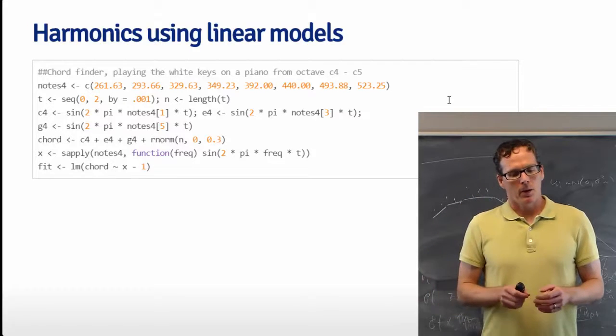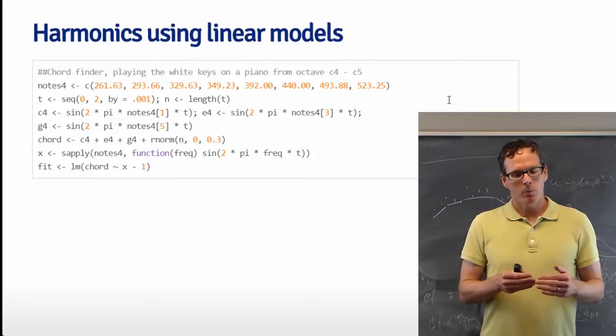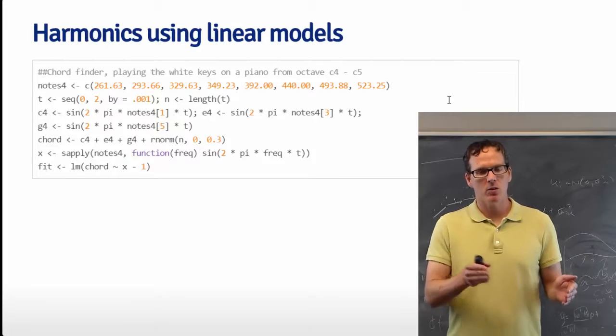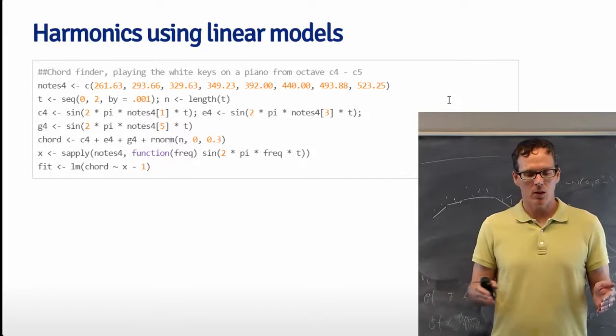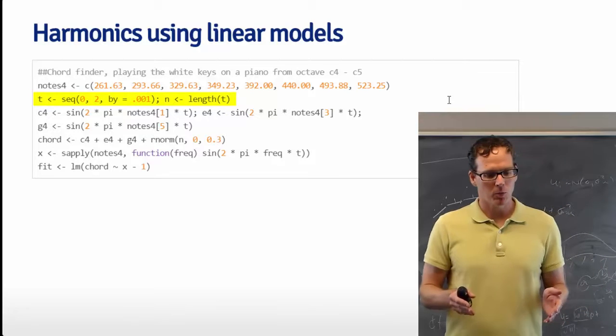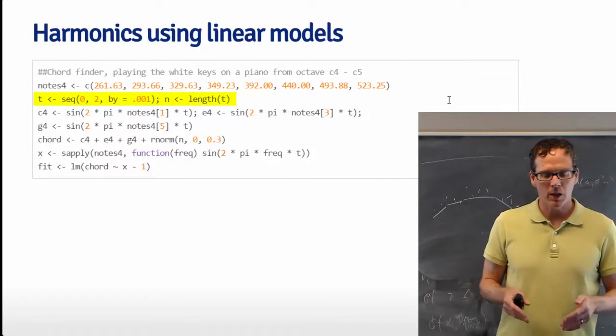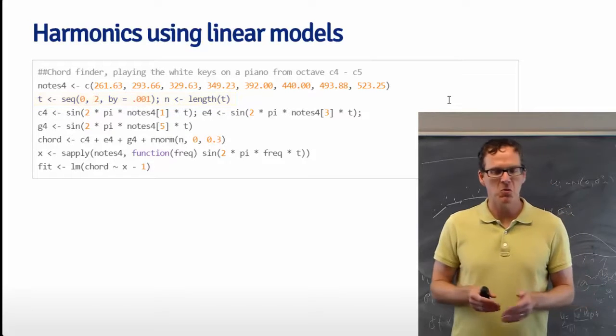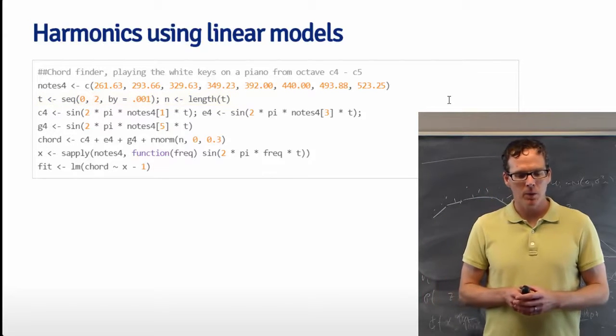And then I've created digitally sampled time points. Here the time goes from 0 to 2, sampled every 0.001. So let's say it's 2 seconds, so we have 2 seconds of data.